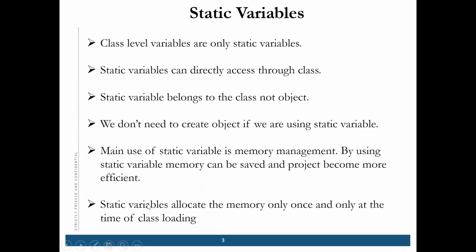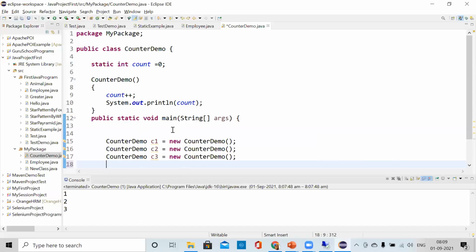The static variable allocates the memory only once, and only at the time of class loading. Once you load your class, it will allocate the memory and store it. If you run this constructor again, it will increment, store and print it.